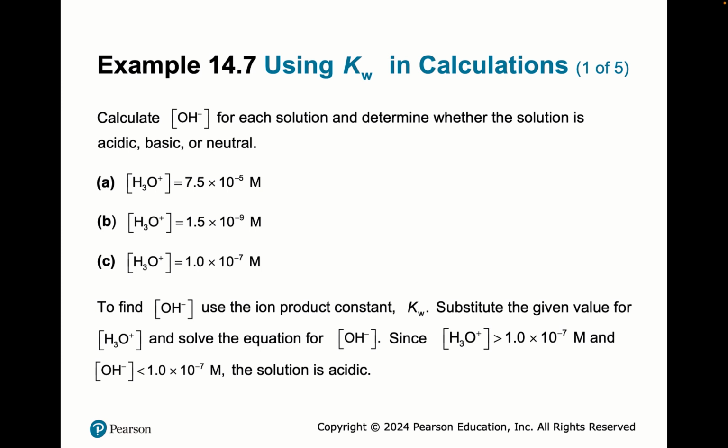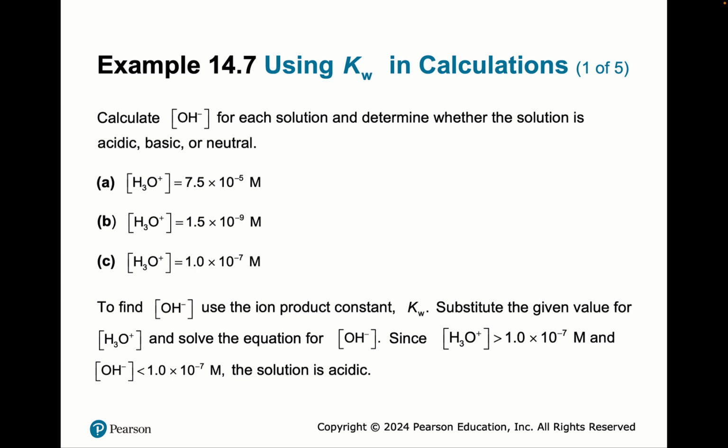Generally speaking, just looking at this, I can already tell C is neutral, assuming it's at 25 degrees Celsius, which is probably implied, because Kw is 10 to the minus 14 at 25 degrees Celsius. If you change the temperature, you change Kw. C is neutral, and I'll show you the math in a second.